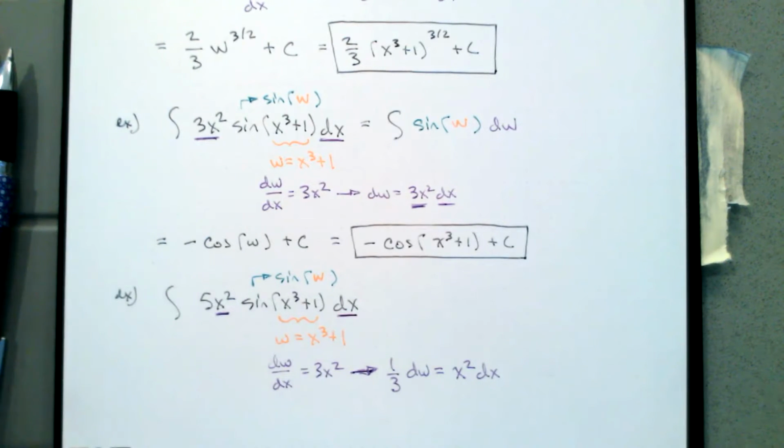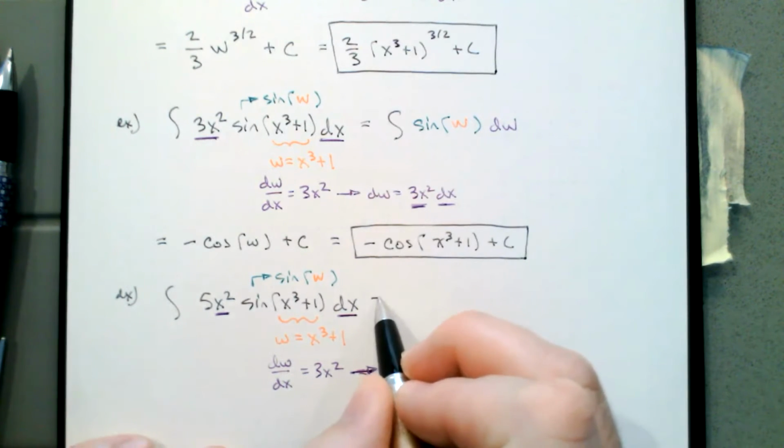I can be off by that factor of 3, because I can just move that over to the dw and say x squared dx is 1/3 dw. And the 5, I'll just carry along.